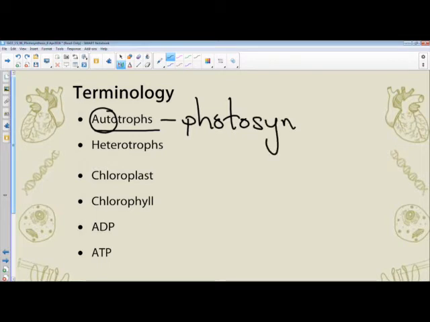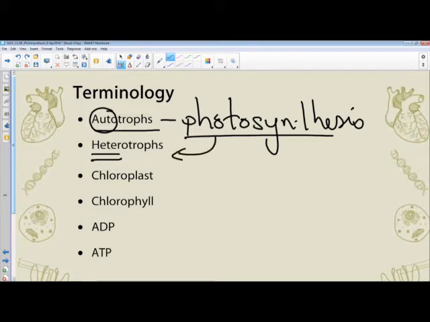That means they are able to carry out the process of photosynthesis to produce food. However, not every organism is capable of photosynthesizing. Lots of them do not have chloroplasts, and hence we refer to those organisms that cannot photosynthesize or produce their own food as heterotrophs.